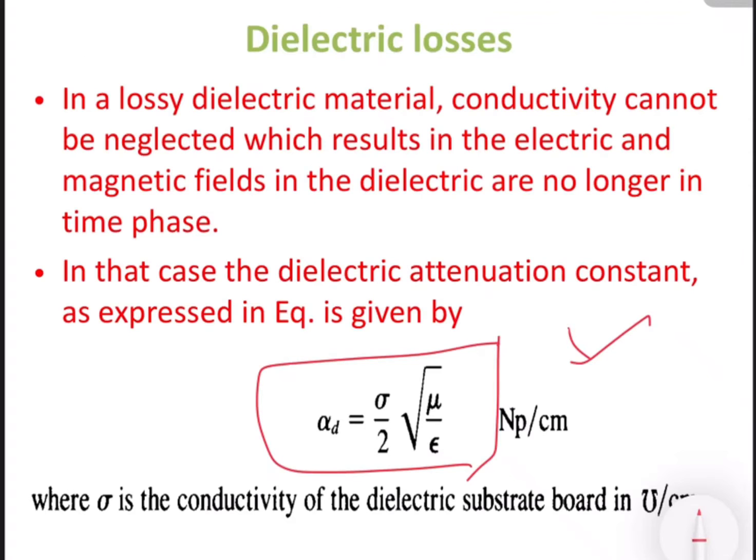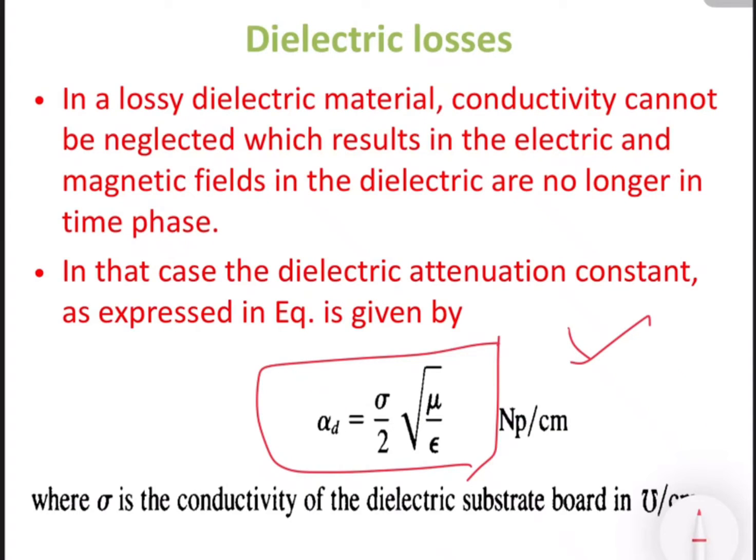So this is about the dielectric loss. The dielectric loss is the result of the lossy dielectric material present in the strip line, and whenever the conductivity is taken into account, the electric and magnetic fields in the dielectric which are in phase with time should not be neglected.